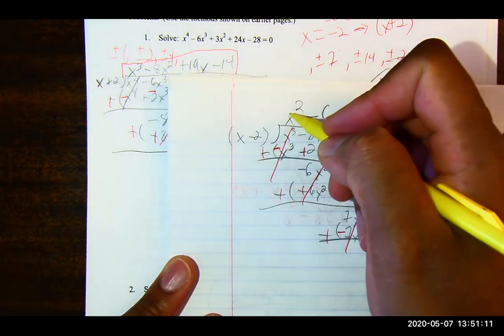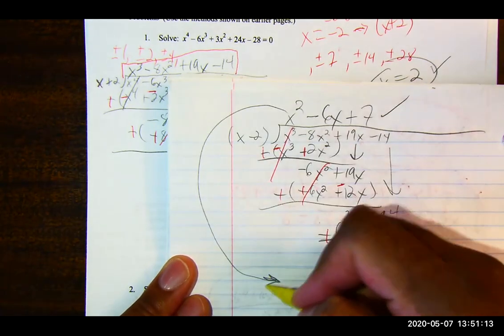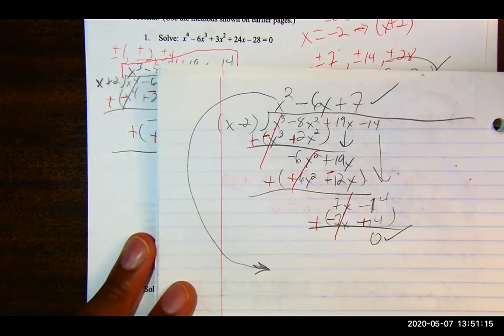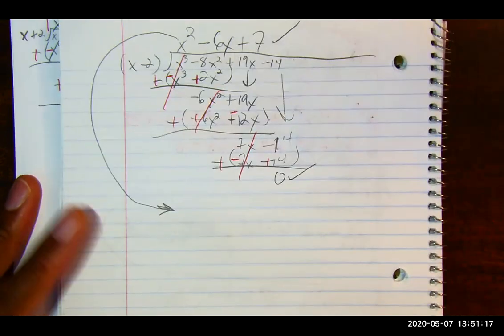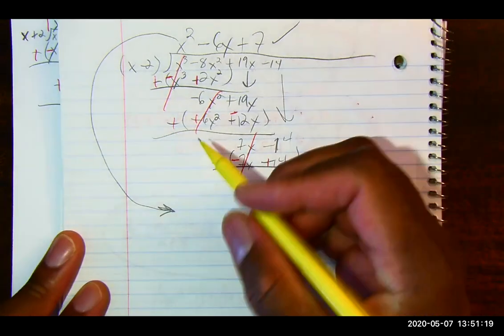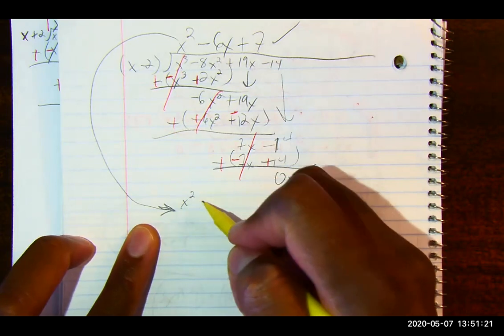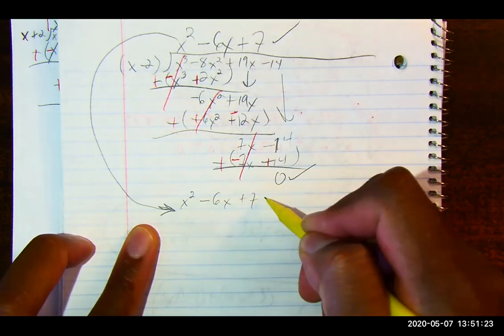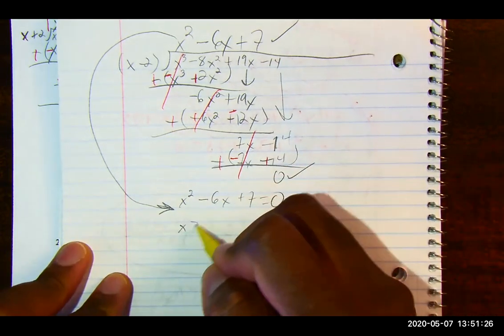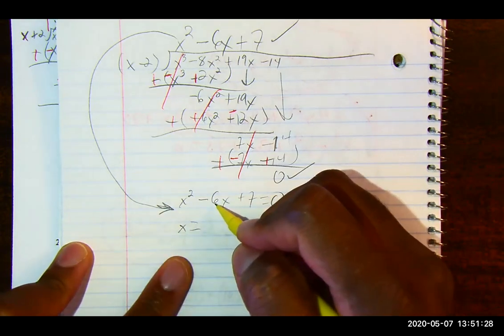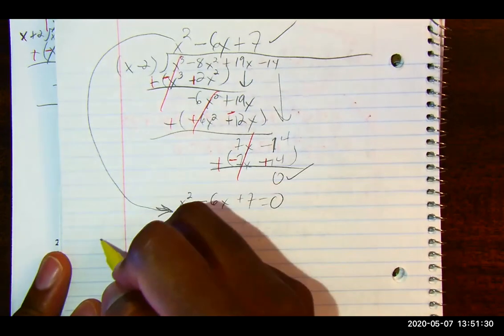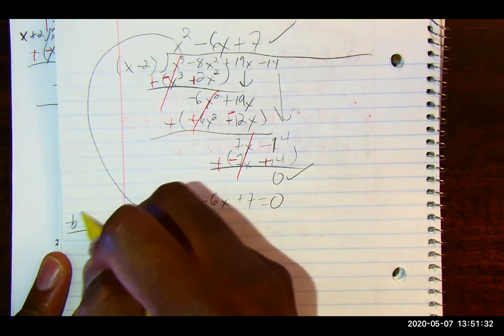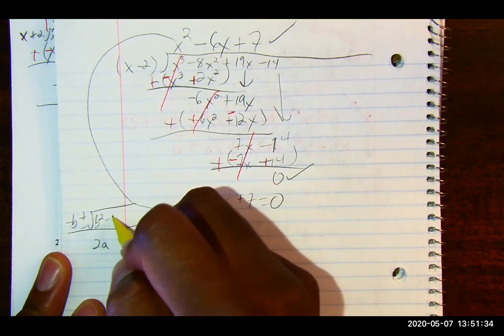So solving this quadratic, I get x squared minus 6x plus 7, just to bring it down. x equals negative b, you guys should have this by now. Negative b plus or minus square root of b squared minus 4ac.